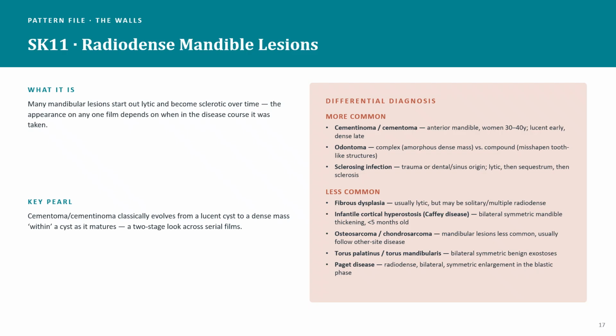And then odontoma can also appear very dense, and it can also contain some tooth-like structures. Infection and other bone diseases can cause some of these changes as well. So with these types of lesions, we might see a white or dense area in the mandible.